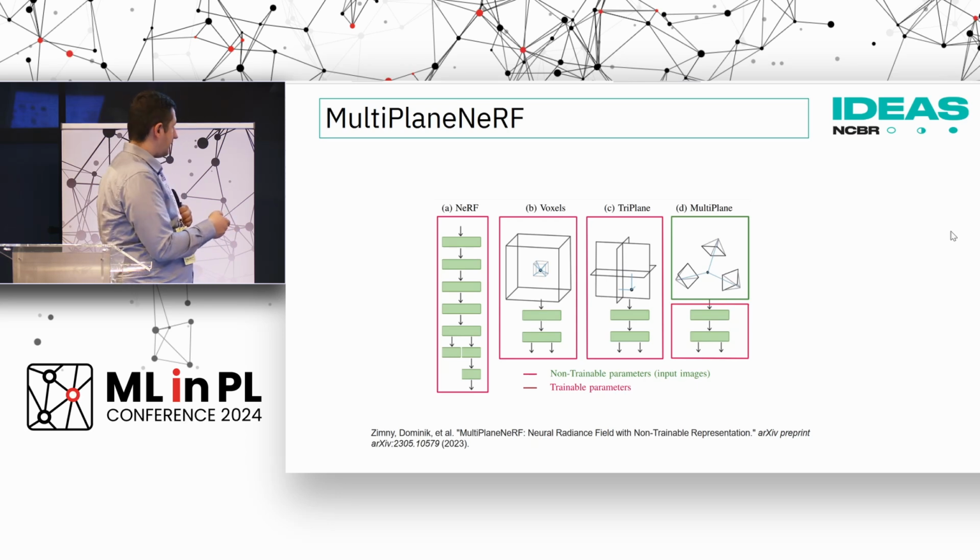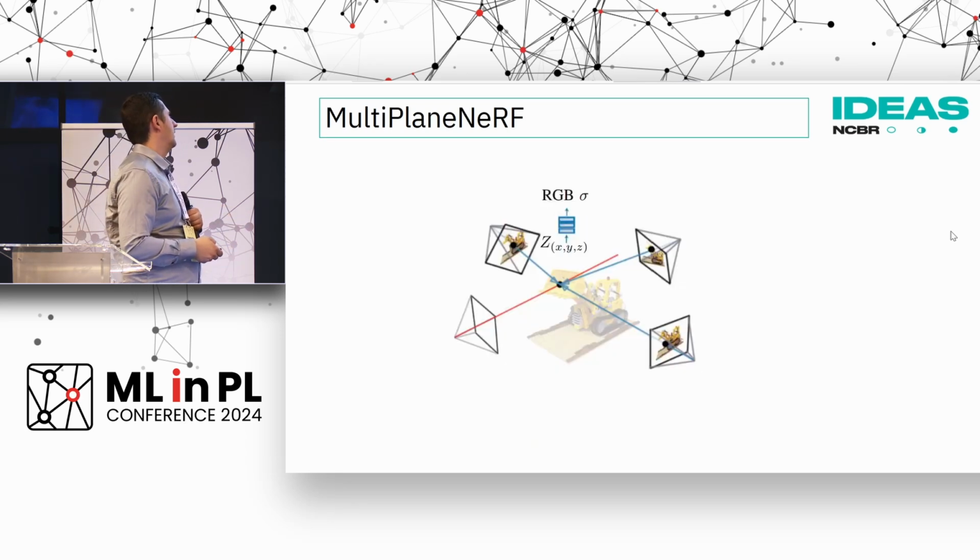And finally, we have our solution, multiplane. Multiplane uses the same idea, but we do not train the planes; we use planes which exist in the dataset. Because in NeRF, you know, we have some existing elements, and we aggregate information from them.